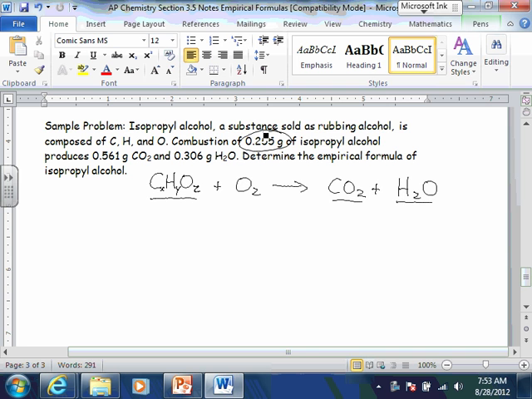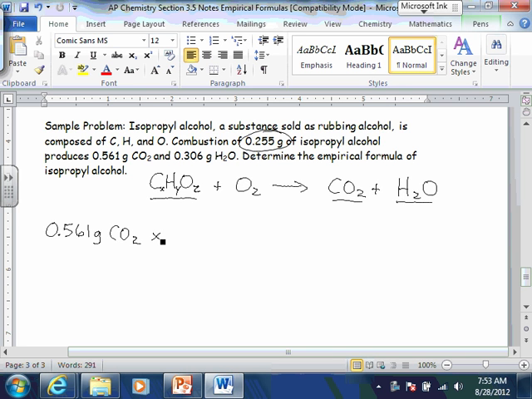So basically we've got 0.561 grams of CO2. And we want to know basically what mass of carbon did we start with here, if this is how many grams of CO2 that we end up making.